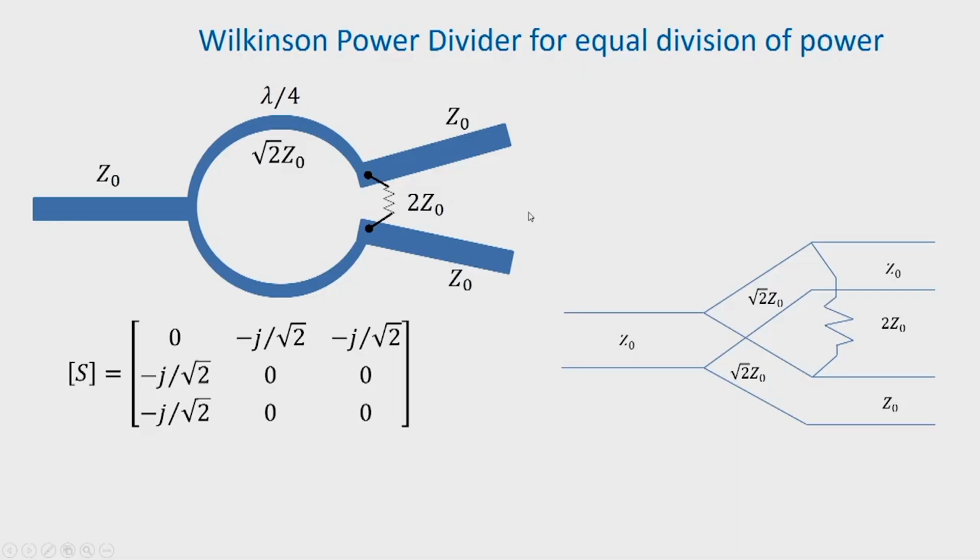So, under perfect matching condition, in spite of having a lossy element, this power divider will be virtually lossless. However, if there is a mismatch and there is reflected power, this reflected power will be absorbed in that resistance.